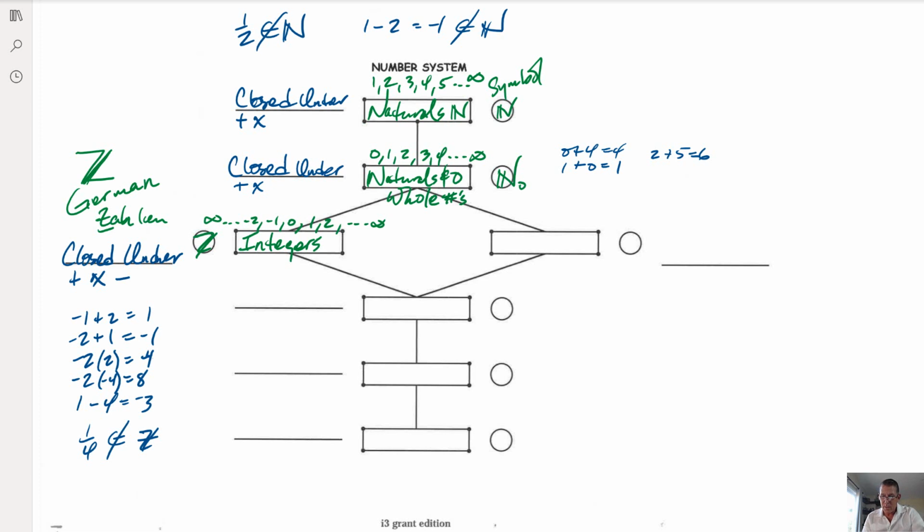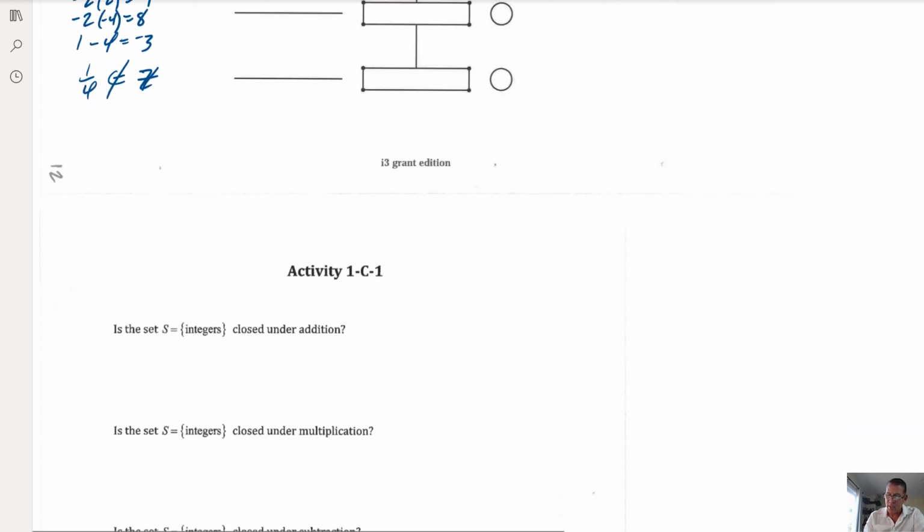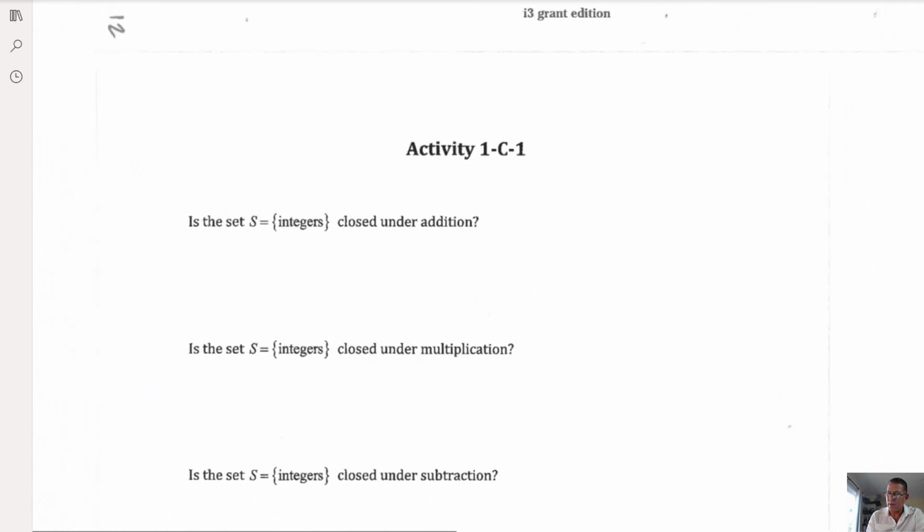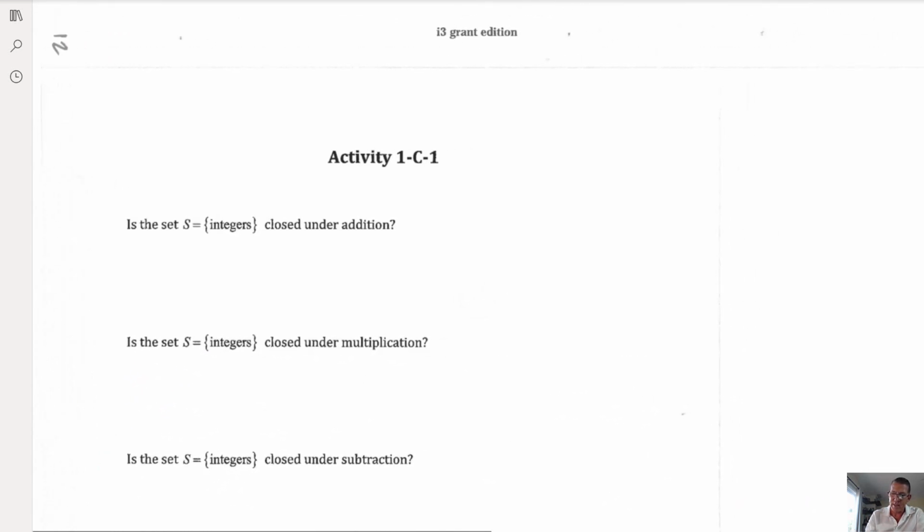Okay, so having said that, let's talk about this very special set of integers. I'm going to even highlight it here. So we're going to focus on integers in activity 1C1. All right, so in fact, let's define that above. So let's put that up here, integers here. And again, the symbol is Z with a little slash.